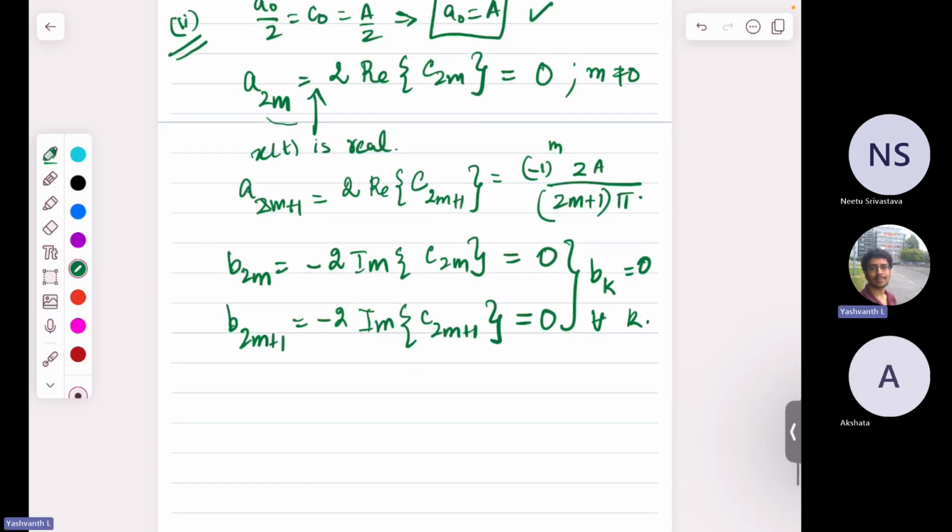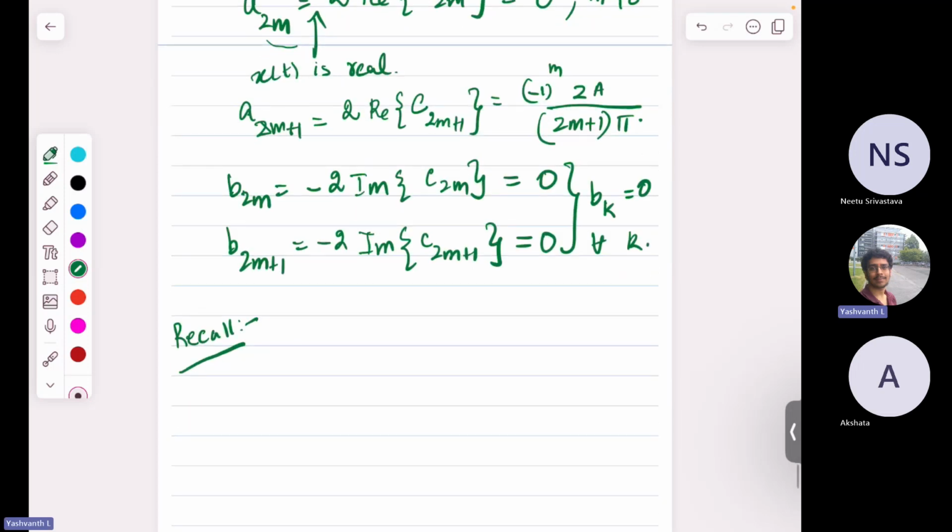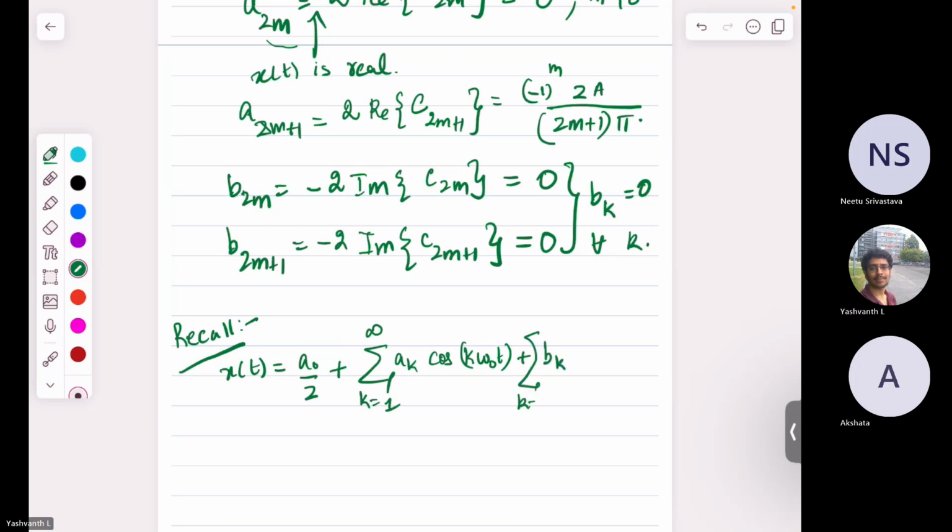So now recall what was your trigonometric Fourier series definition. Your x of t should be of the form a naught by 2 plus summation k equal to 1 to infinity of ak cos k omega naught t plus bk sin k omega naught t.